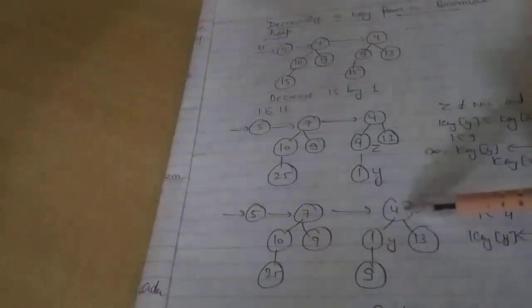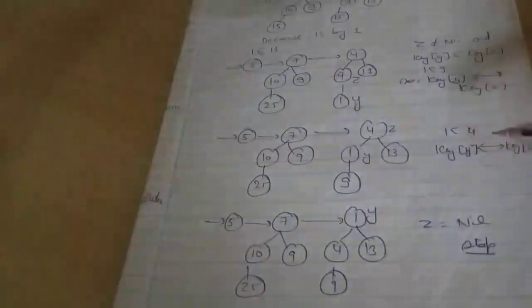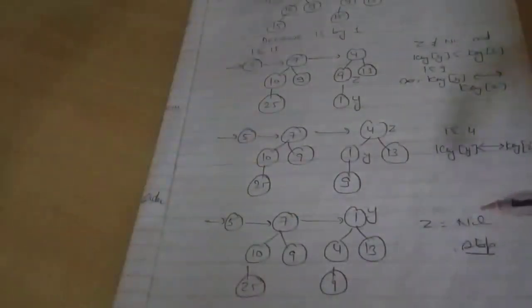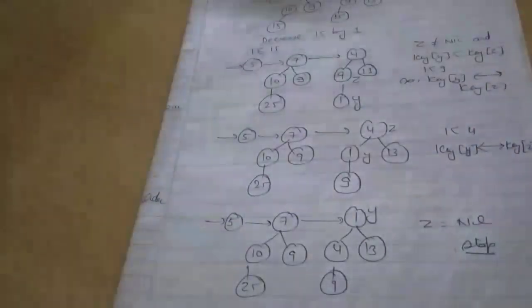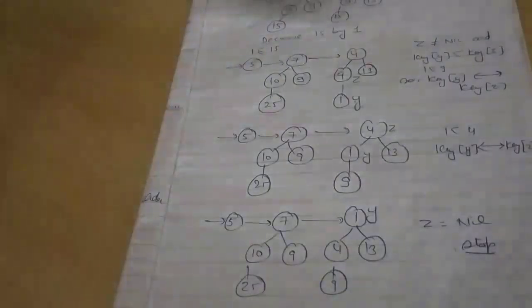There will be swapping. So 4 would go here, 1 would go here. So now the final binomial heap is this. We have decreased 15 to 1 and created the final binomial heap. Let's check the algorithm.